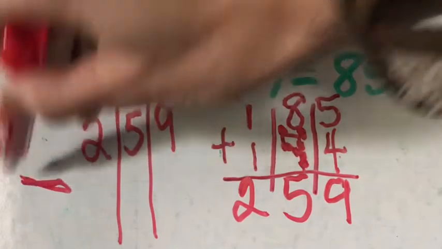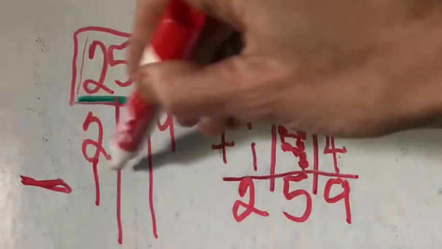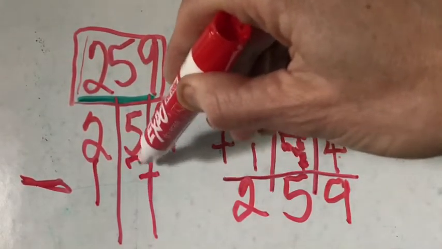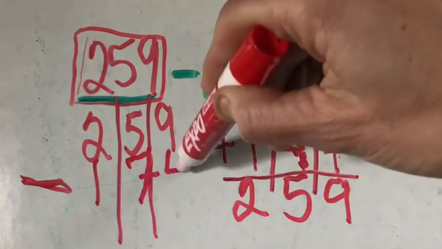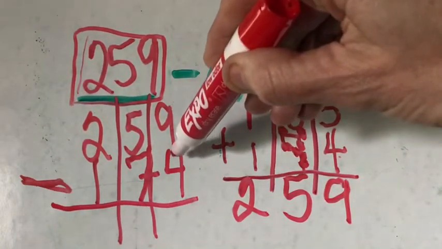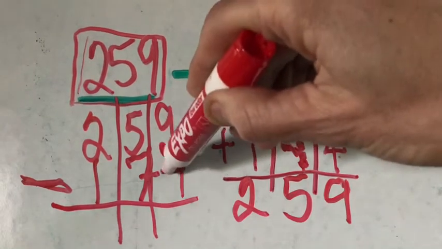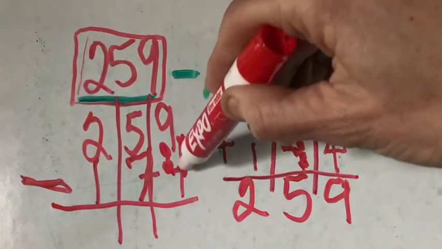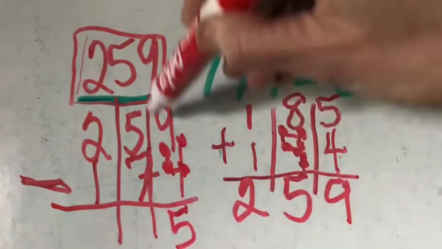I'm working the problem as minus 174. 9 minus 4, 9, so 8, 7, 6, 5. 9 minus 4 is 5.